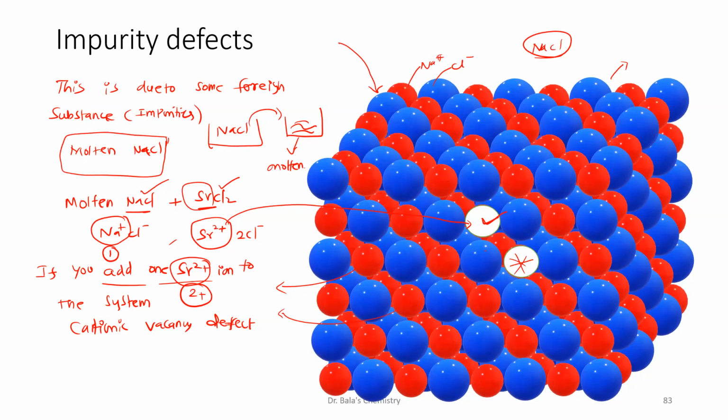So 1 Na plus position will be occupied by 1 Sr2 plus, and the other position will be unoccupied, which means it is empty. That empty position is otherwise called a cationic vacancy defect. Is that clear?